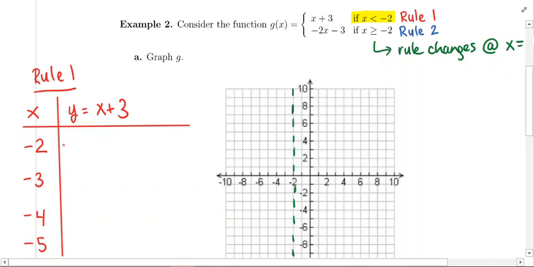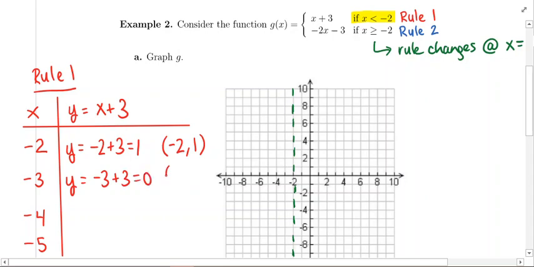If x is negative 2, the y value is negative 2 plus 3, which is 1, so the corresponding point is negative 2, 1. Then x equals negative 3: y is negative 3 plus 3, which is 0. If x is negative 4, y is negative 4 plus 3, which is negative 1.